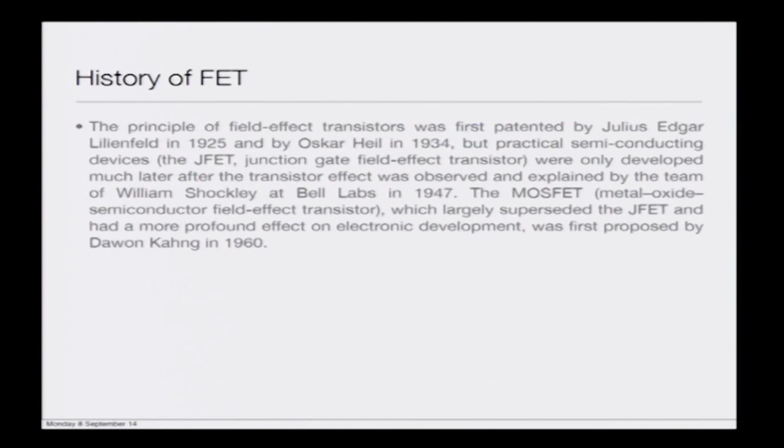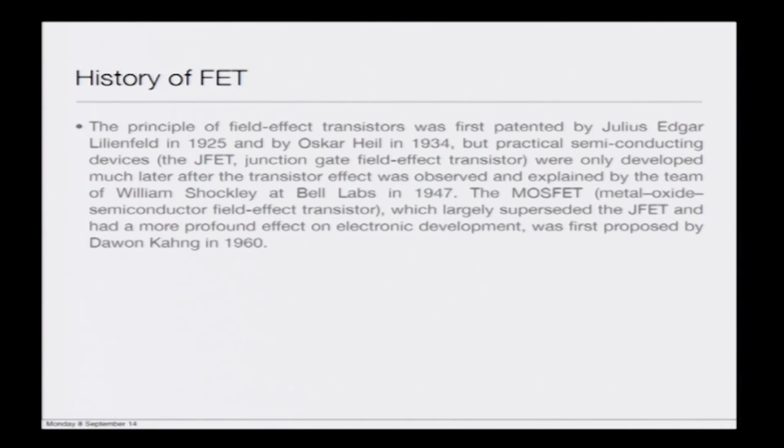If you see the history, the principle of field effect transistors was first patented by Julius Edgar Lilienfeld in 1925 and by Oskar Heil in 1934, but practical semiconducting devices, the junction field effect transistors, were only developed much later after the transistor effect was observed by the team of William Shockley, Bardeen and Brattain at Bell Lab in 1947.